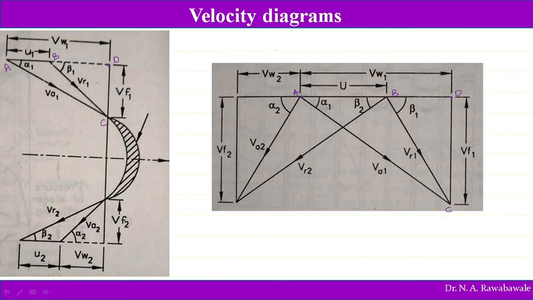Whereas this diagram at the bottom is the outlet diagram P, Q, R, S. Here A is made to coincide with Q and P is made to coincide with B. Now you can see that PR is Vr2.